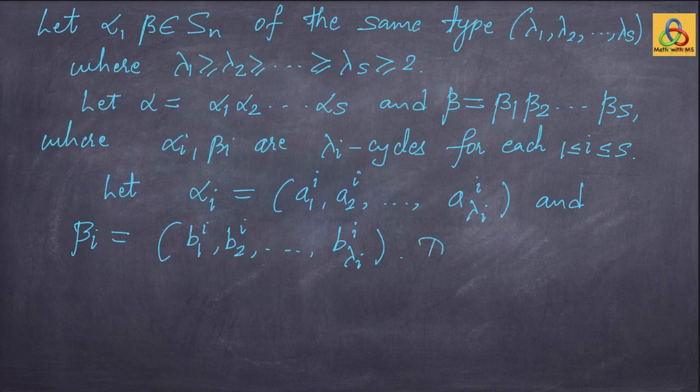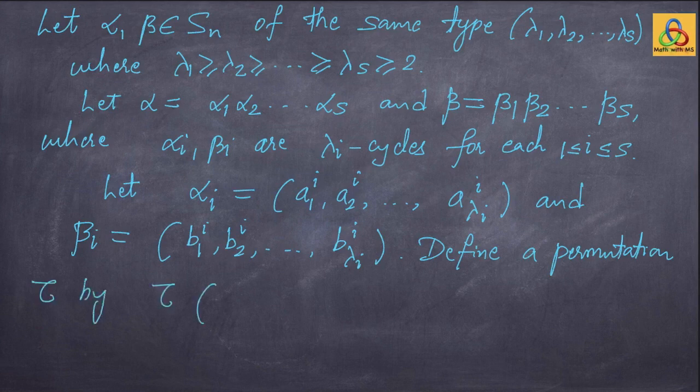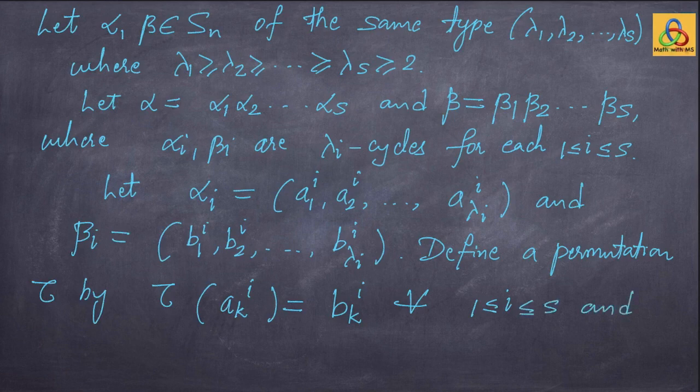So define a permutation tau by tau of a k i is simply the corresponding b k i, for all i bigger than or equal to 1, less than or equal to s, and for each k bigger than or equal to 1, less than or equal to lambda i.